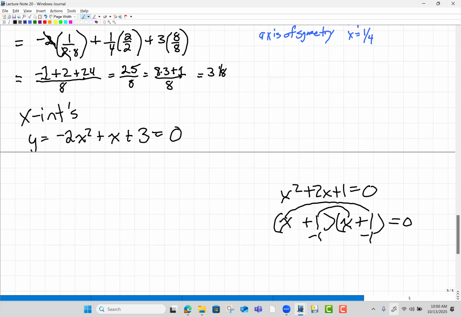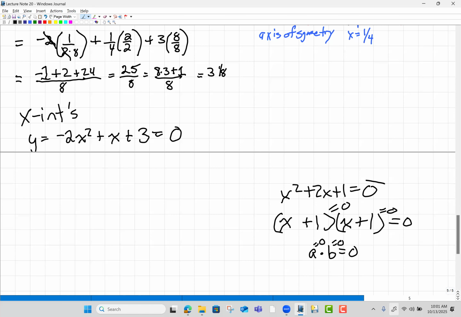So if I had this instead, I would factor this guy to be that. And now I could use the zero factor property. You see, this is a number and that's a different number. So if I have two numbers that are multiplied and they're zero, one of these numbers has to be zero because zero times anything is zero, right? Then I could set each factor equal to zero.